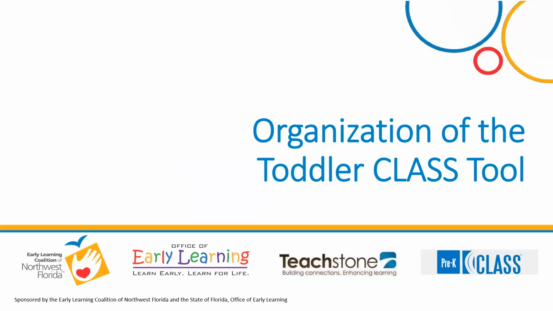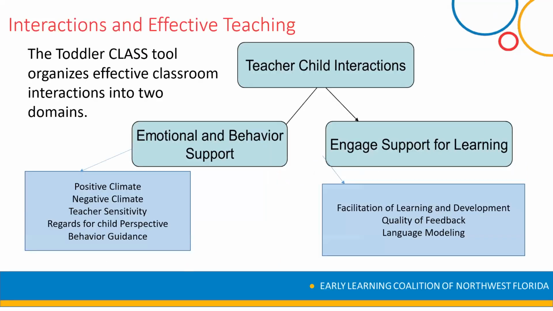Okay, that ends the infant section. Now we're going to move into the toddler tool. And again, I'm going to break it down just like I did the infant tool. You'll notice that the toddler tool is broken down into 2 big domains. And now we branched out from 4 dimensions to 8 dimensions. Those dimensions are broken down within each of the big domains.